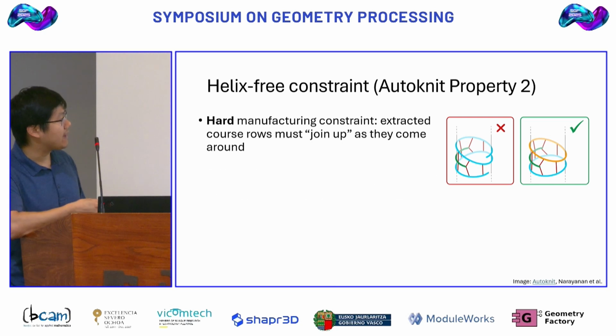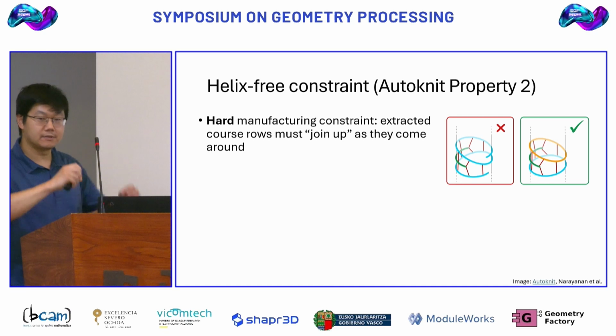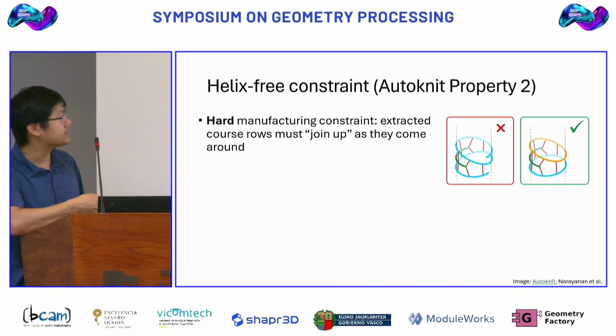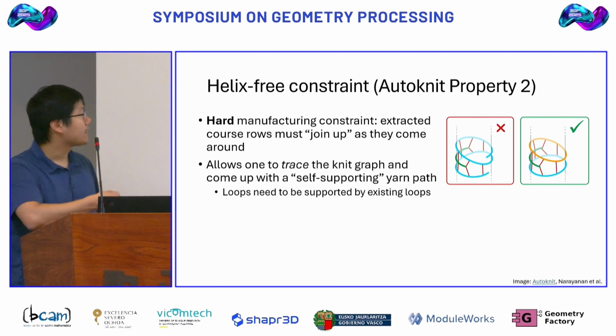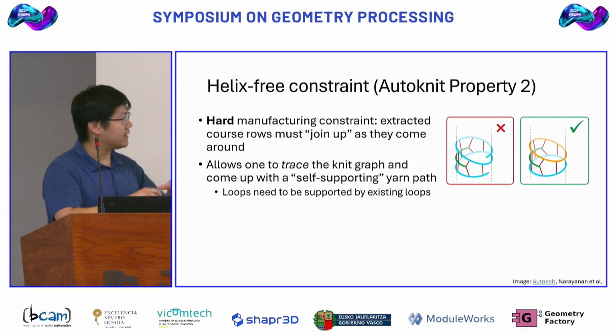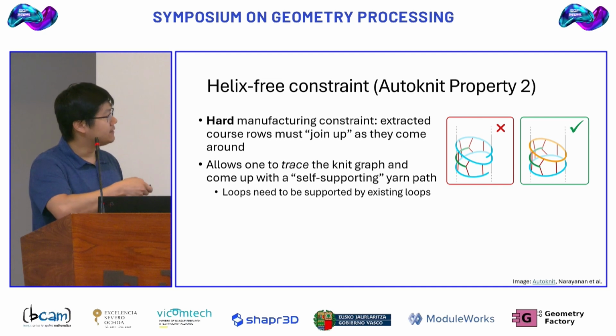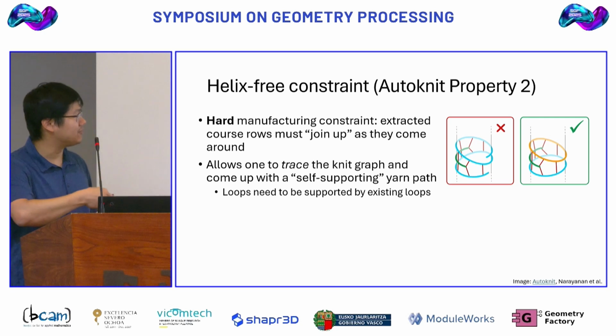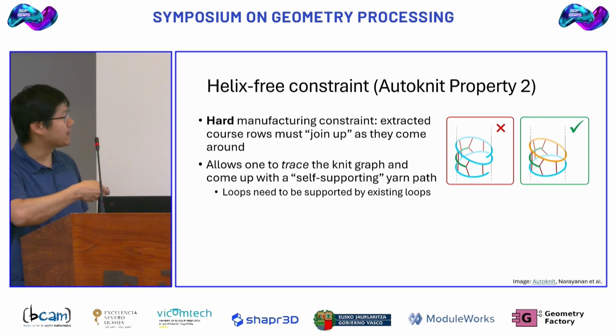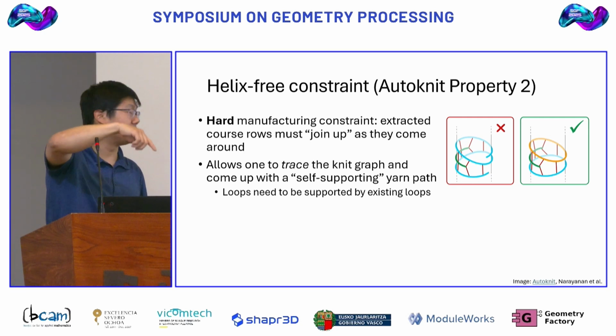In the knit graph context, this corresponds to having the course rows join up as they come around any cylindrical component. This is the behavior that you don't want to see, the helicing. This is necessary in the pipeline because there's a step in the machine compilation in the AutoKnit framework called tracing, where you take the helix-free knit graph and you come up with this self-supporting yarn path.